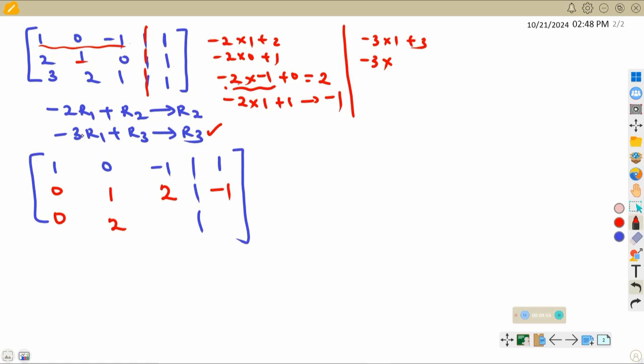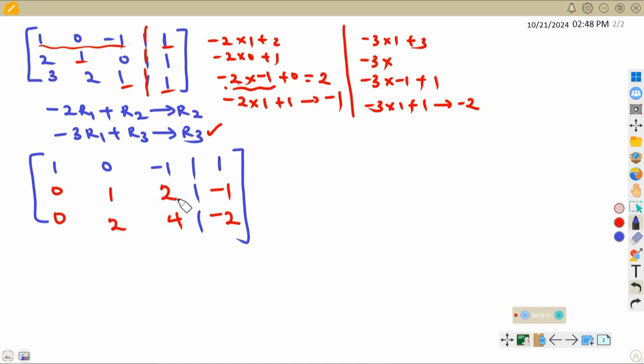Then negative 3 multiplied in negative 1, add there this 1, and this will give us a 4. Then next we shall have negative 3 multiply it with 1, then add there this 1 here, we shall get negative 2. So we shall have a negative 2 there. So basically we shall have this one here as our operation.